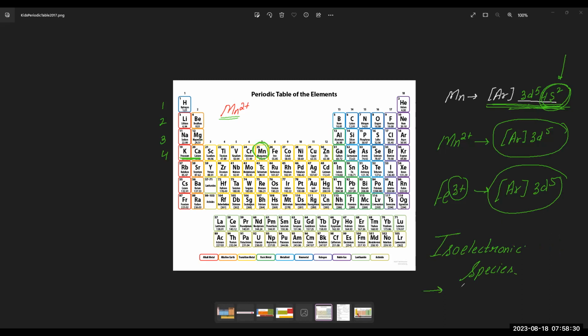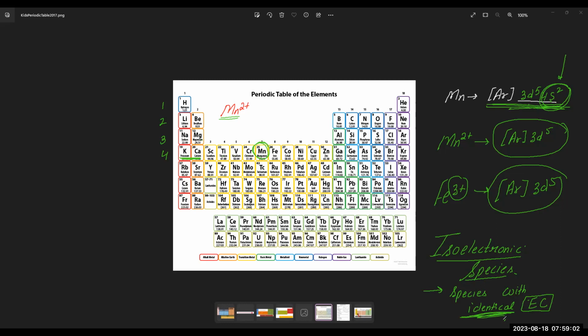Same configuration. Species with identical electronic configuration. Species means ions, atoms, whatever. Identical electron configuration. Same.